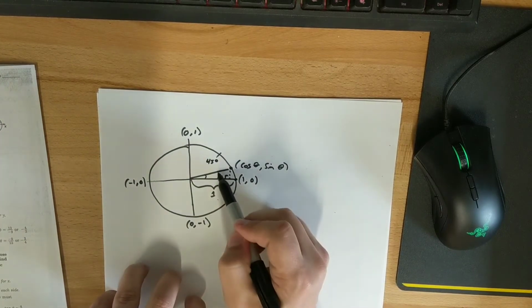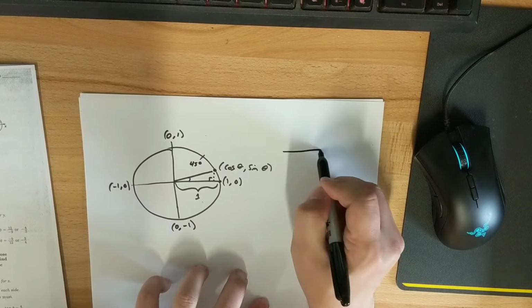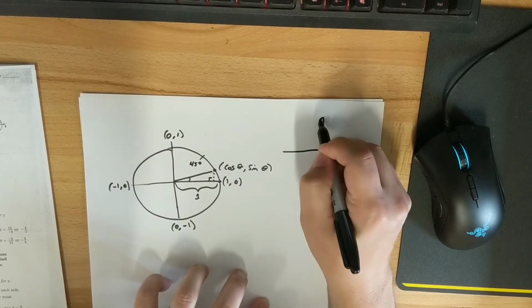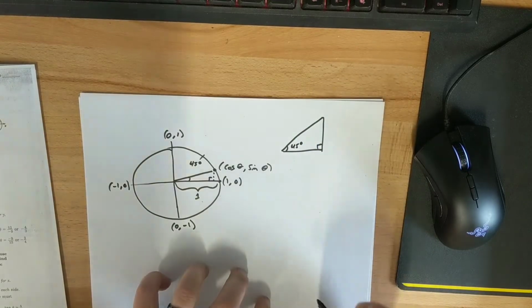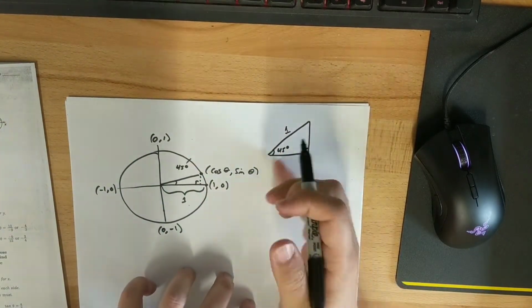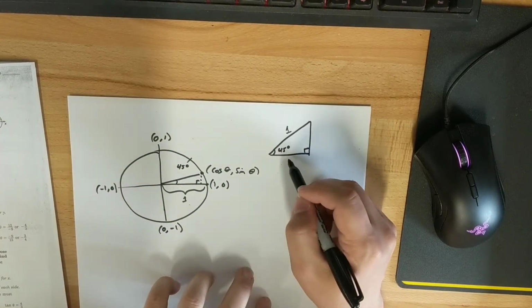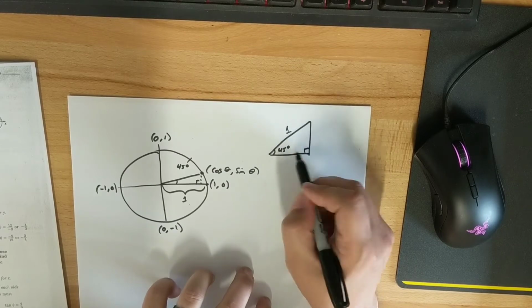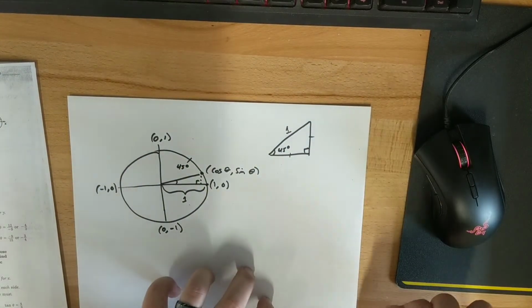If I build a right triangle around that, I actually know some special properties about 45-degree right triangles. If this is 45 degrees, and that is 1, then I can do some Pythagorean theorem work. Since this is 45, and there are 180 degrees in a triangle, the other angle is 45, and therefore this side and this side have to be identical.